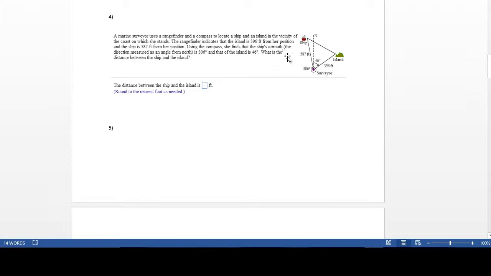Is that what that word is there? Direction measured from the angle from the north. So the island is 46 degrees from true north, but the ship is past true north.